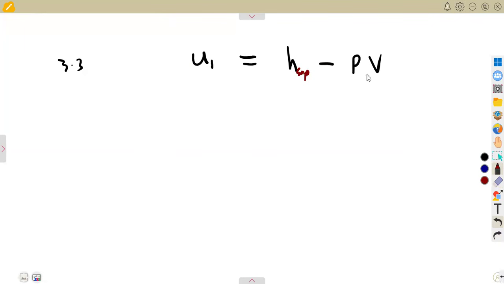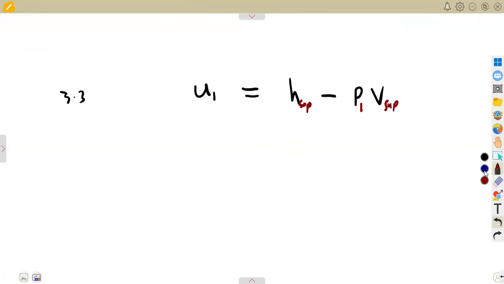The P, the pressure, is the pressure at the first conditions, which is of the superheated steam again. Then the volume is the volume of the superheated steam, which is v sup. So you are supposed to write U1 is equal to H1 minus P1 V1. But what is H1 representing?